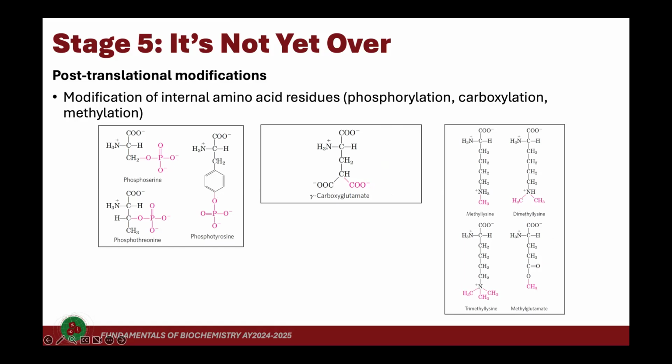And some of these modifications change the landscape. For example, if you add phosphates, you are actually adding negative charges. And again, this has something to do with the function of your protein. So these modifications are not random, they are important to the function of whatever protein you are modifying.